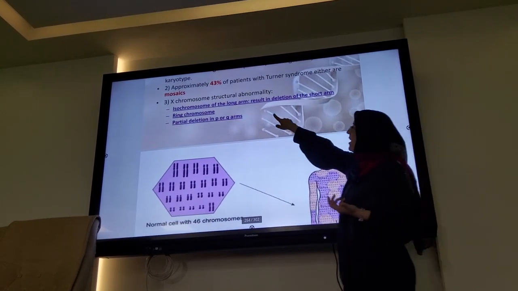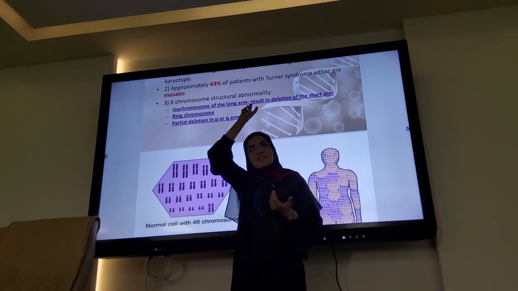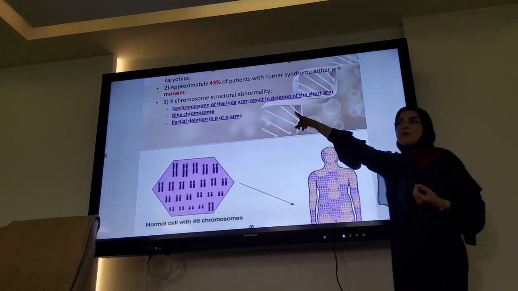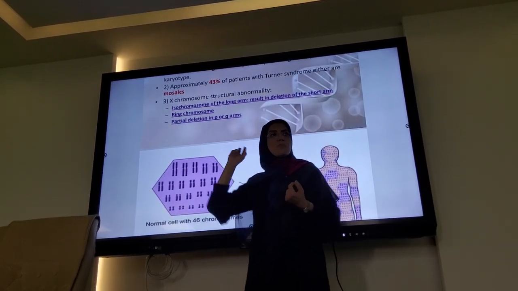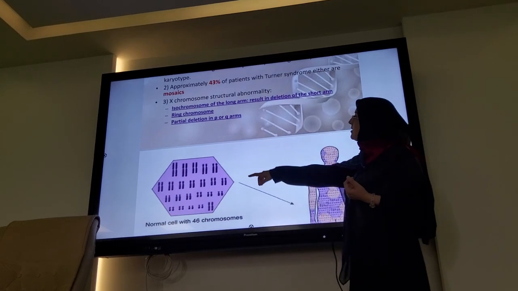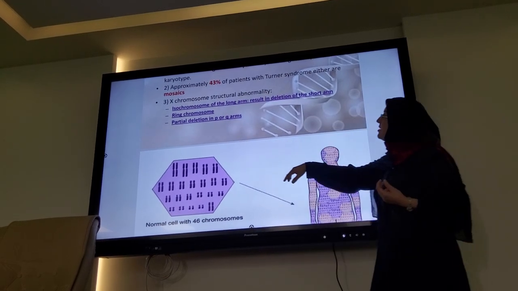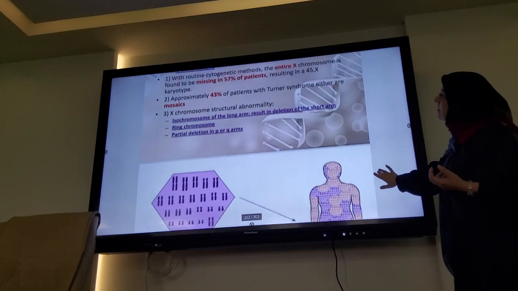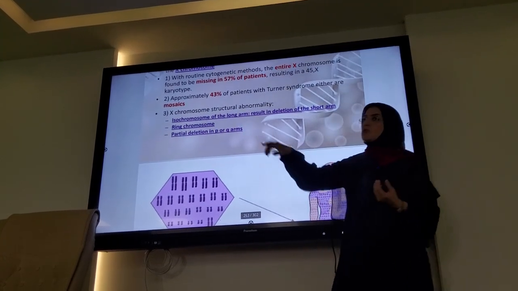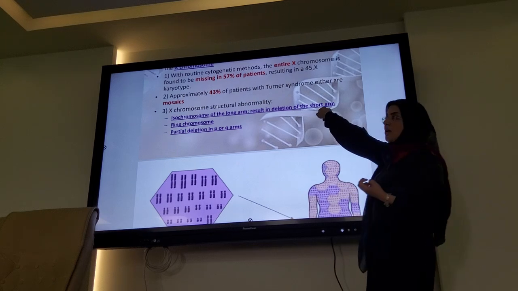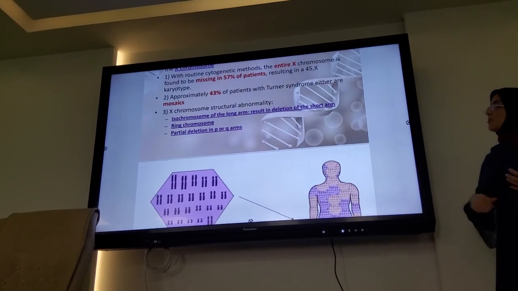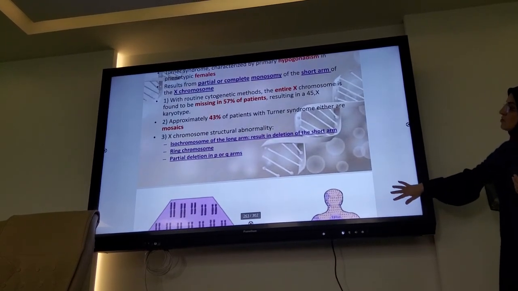And also we have some cytogenetic abnormalities, such as ring chromosome in some Turners. We have deletion in P or Q. We have isochromosome of Q, meaning deletion of P arms, isochromosomes.